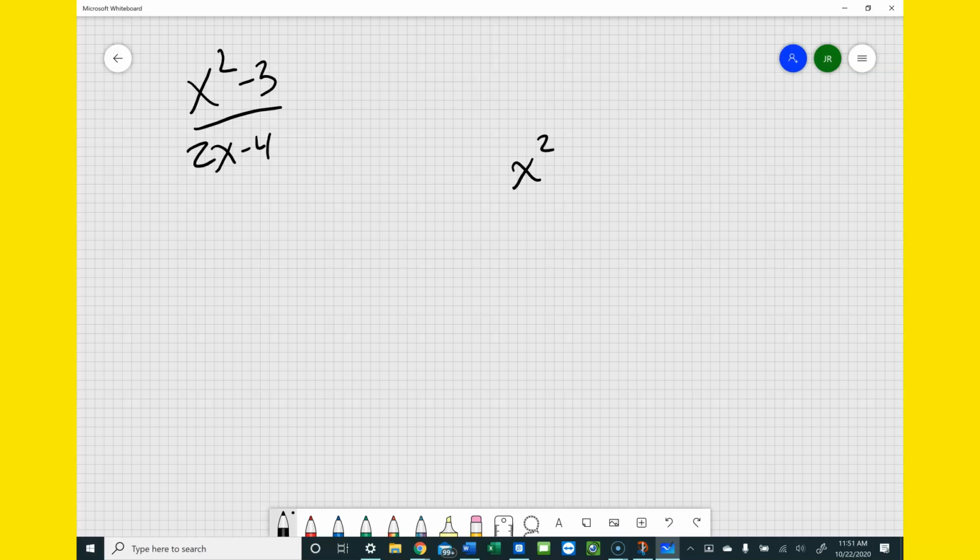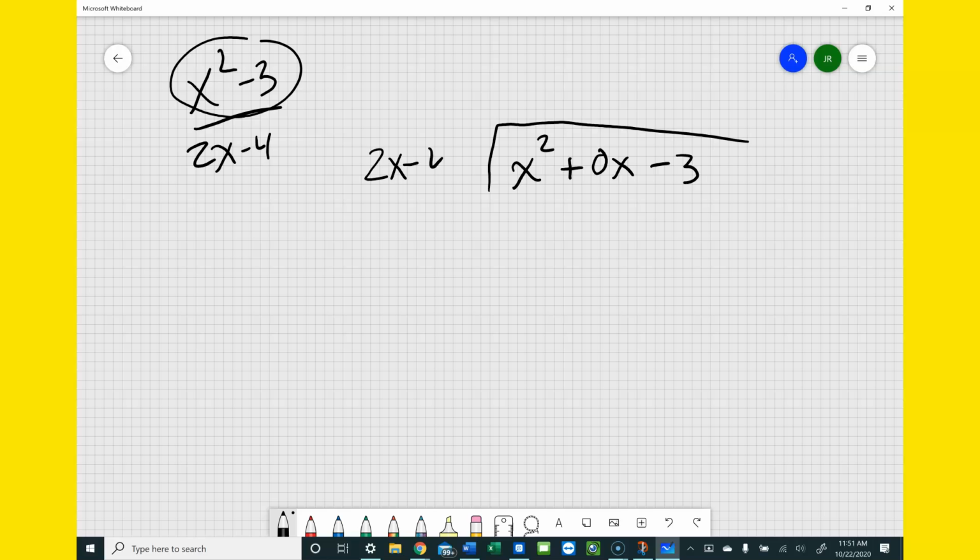If not, this is going to seem pretty tough. So we're putting this polynomial inside of this division symbol, and if we're missing a term, like where there's no x term, we need to put in a placeholder. And then we have 2x minus 4 out here.